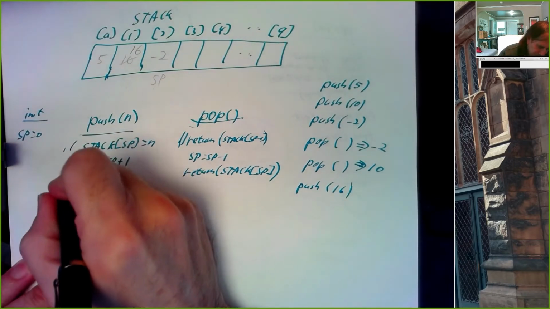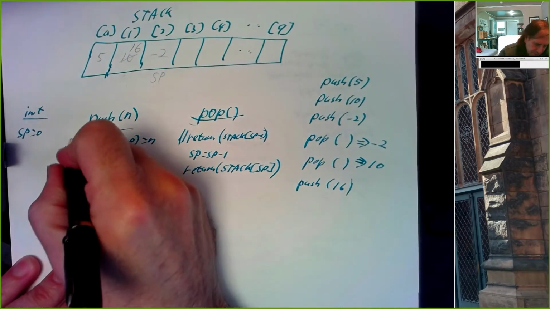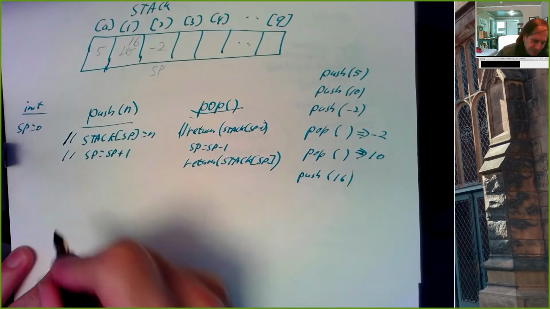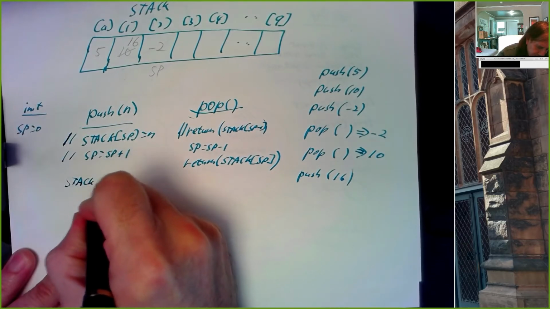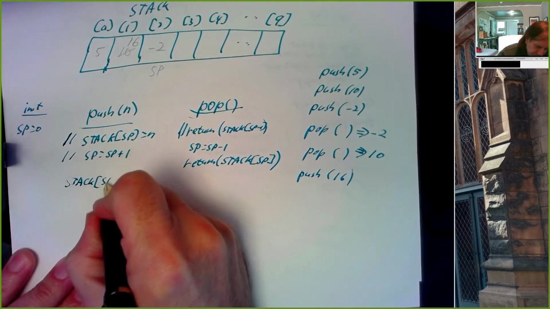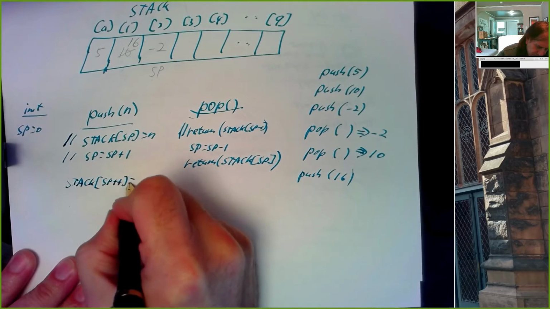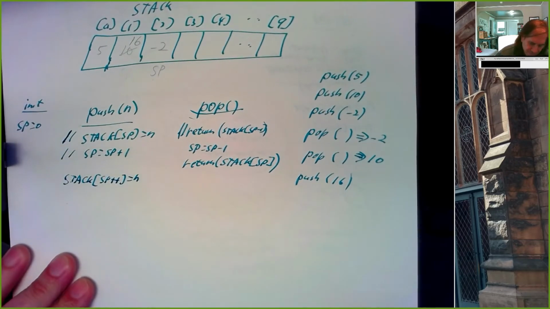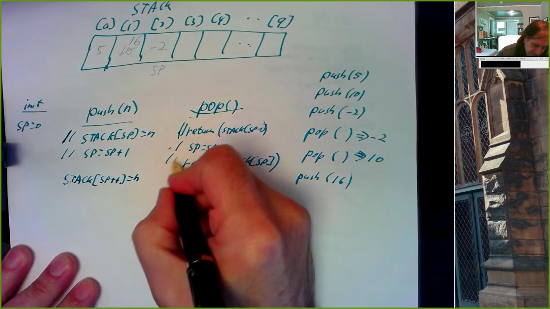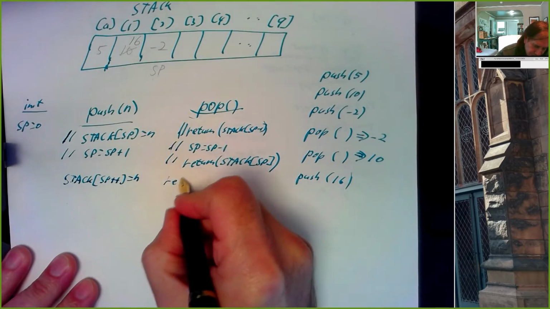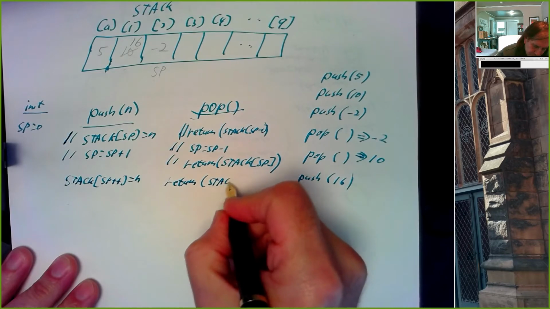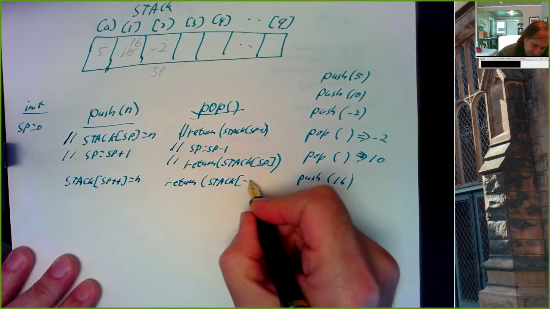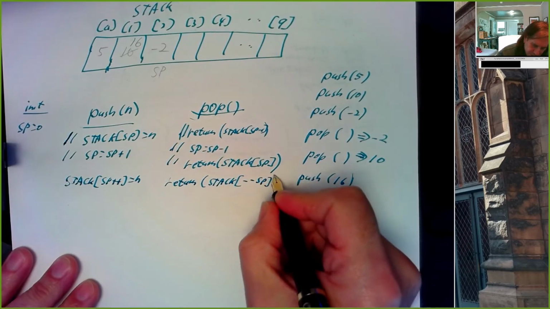Alright, and if we want, we could do this more succinctly. Our push is simply stack bracket SP++ equals N. And our return is return stack --SP.